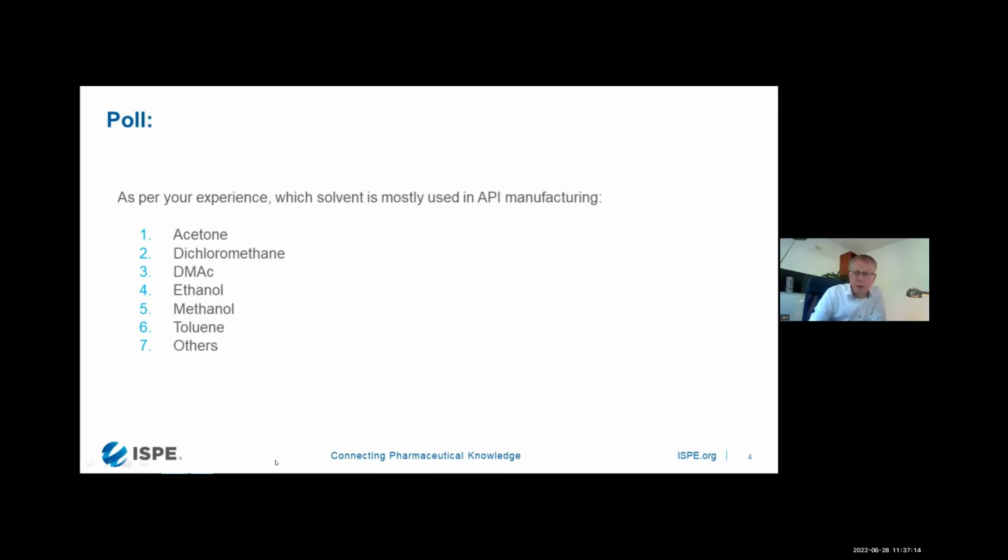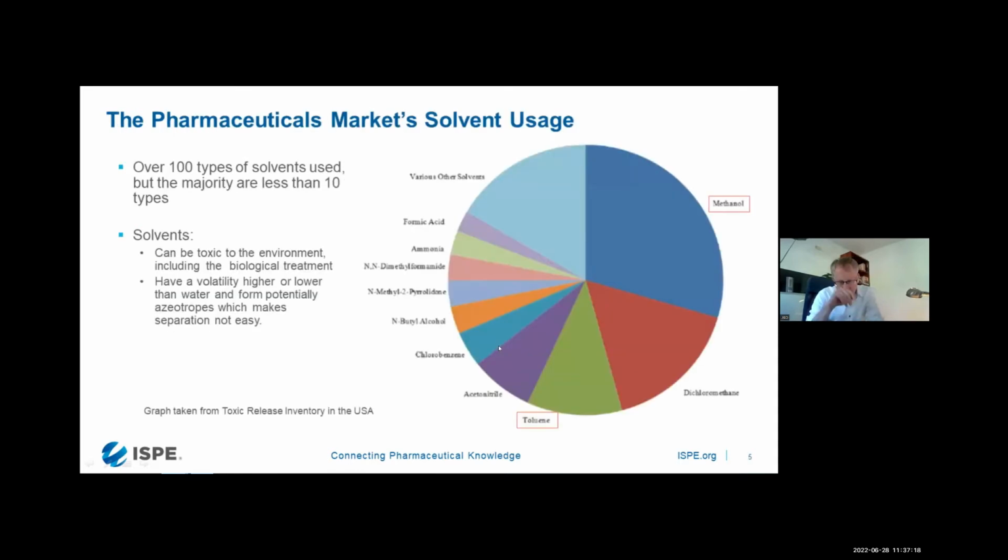You will see some feedback coming from a study from the US. In this case, you also see methanol being used a lot, as well as dichloromethane.